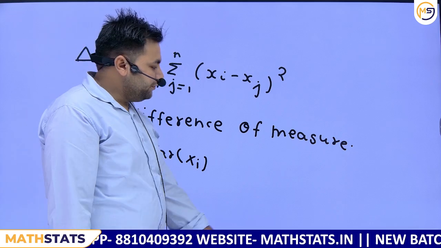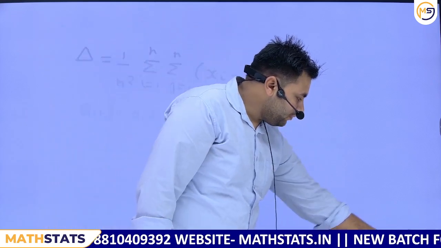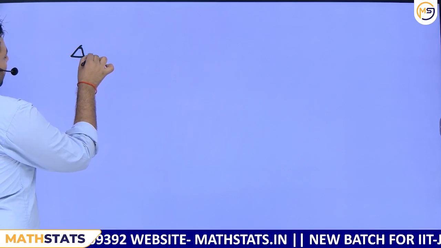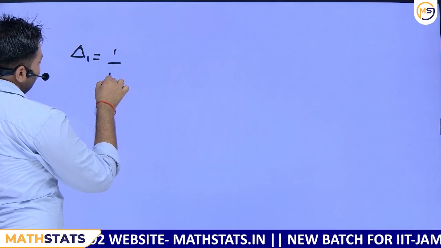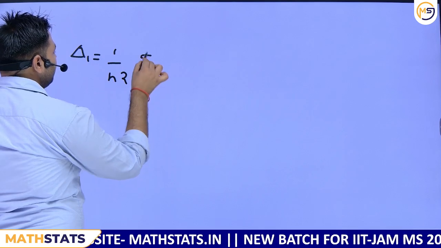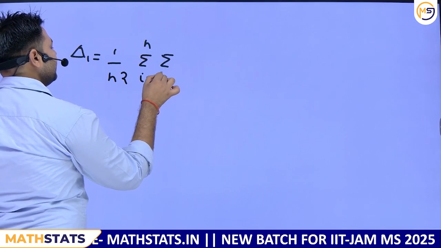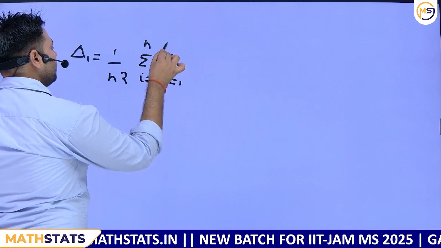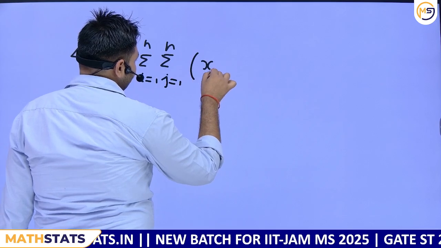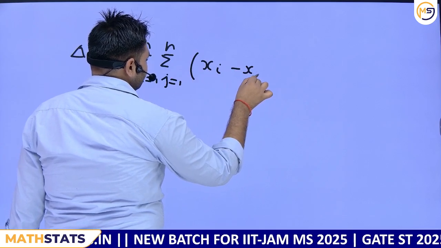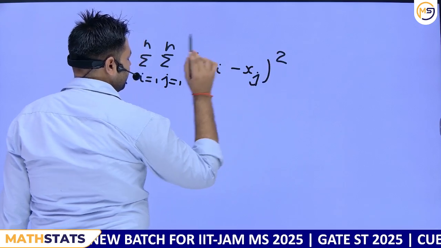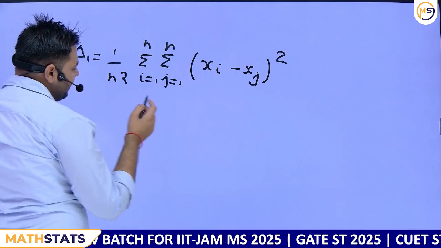How can you prove it? See. Suppose delta equal to 1 upon n square, summation i equal to 1 to n and summation j equal to 1 to n, xi minus xj whole square. Now add and subtract x bar.